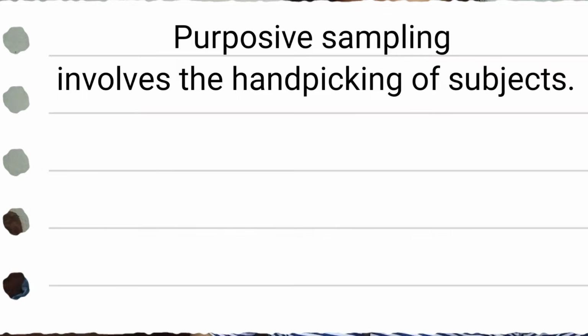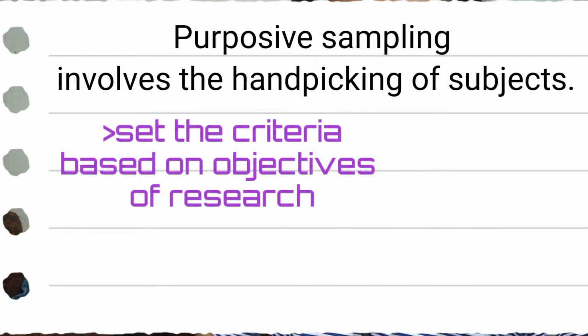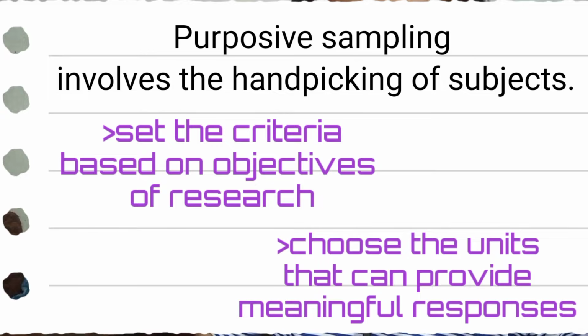In purposive sampling, it involves the hand-picking of subjects. So once you spell out the criteria for the systematic investigation based on specific aims and objectives of your research, then you can go ahead to choose units that can provide meaningful responses.